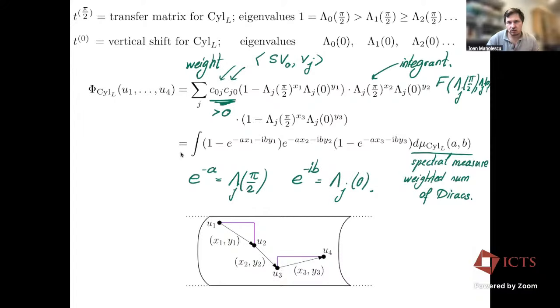Basically you're putting Diracs at A and B that correspond to this, and the Dirac has this mass. And then you're summing over all. Right. X and Y, x1, x2, x3, y1, y2, y3 are the vectors that are the increments between u1 up to u4.